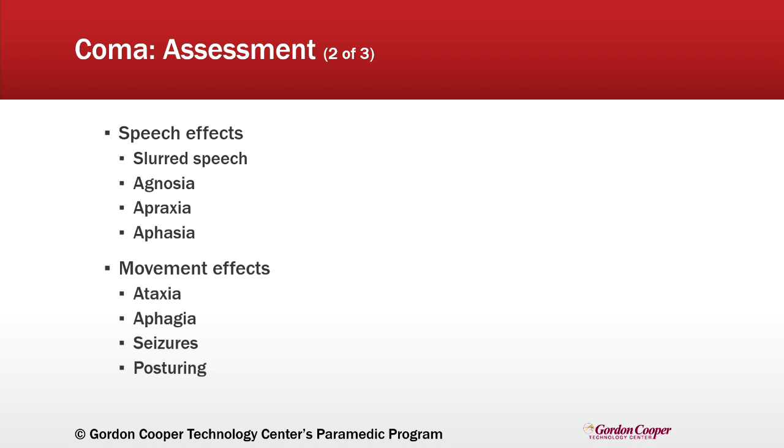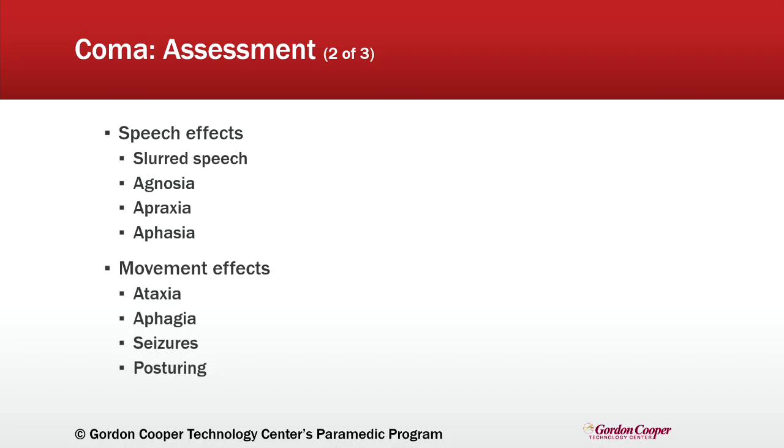We may see some effects on their speech. We talked about speech effects and movement effects earlier. So they may have slurred speech, agnosia, apraxia, aphasia. Agnosia, they have trouble recognizing objects. Remember, apraxia is difficulty with the motor skills required to create speech. Aphasia is the inability to communicate, whether speaking or understanding.